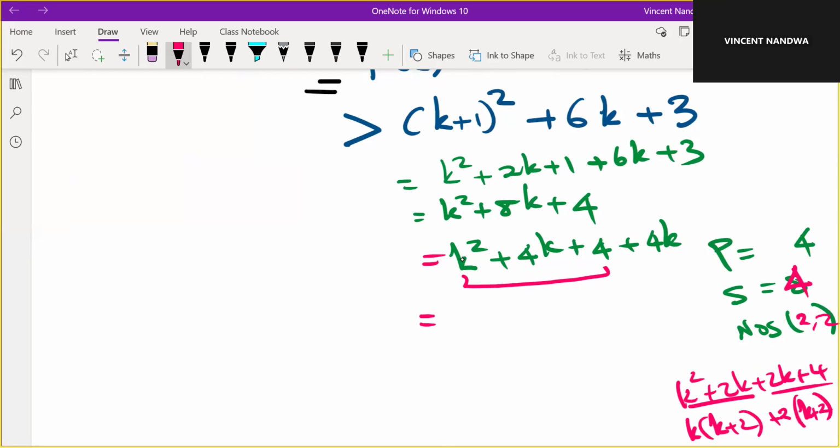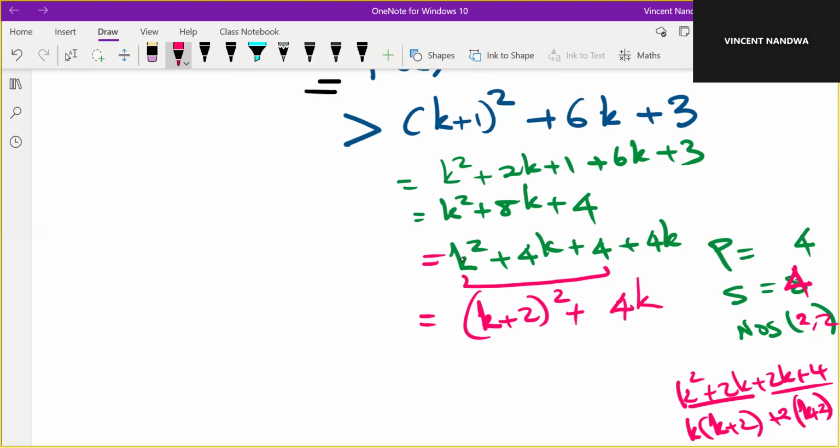Remember for us to get the relation of P(k plus 1), we expected to have a (k plus 2) squared in the inequality. Yeah, so it gives us (k plus 2) squared, then plus 4k, that is what remains here, yes?